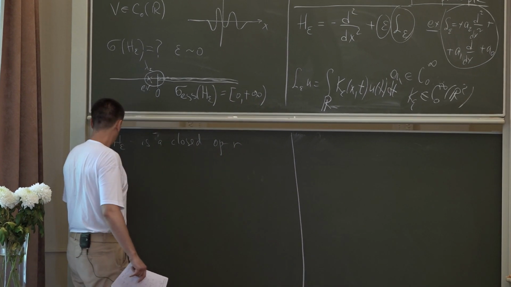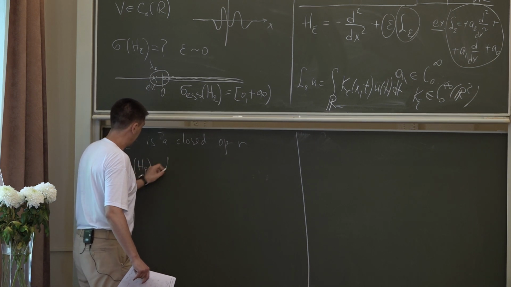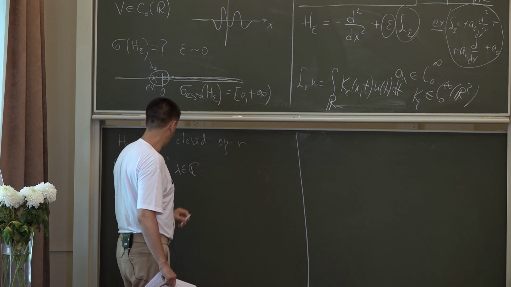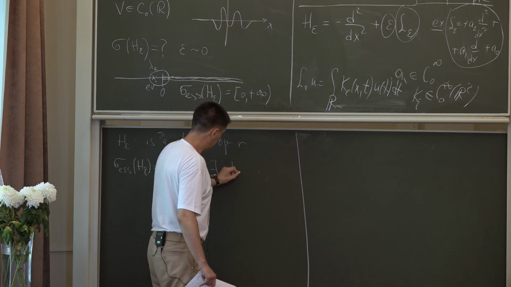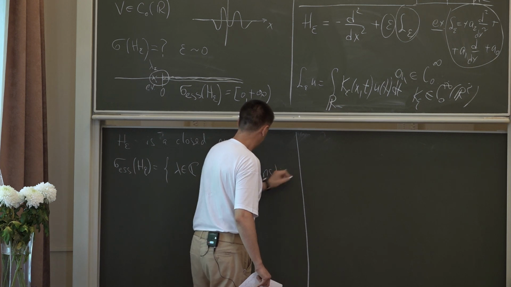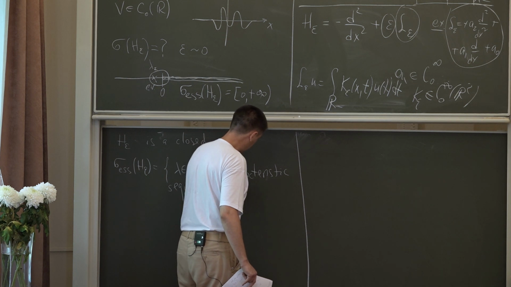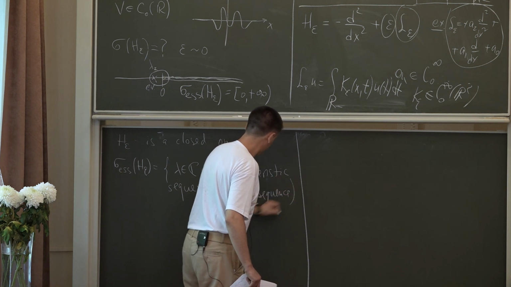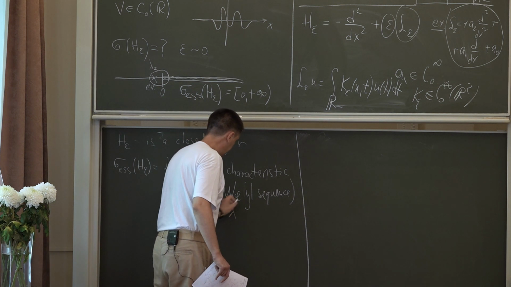And I shall also use the notion of the essential spectrum. The essential spectrum is the set of all complex numbers lambda such that there exists a characteristic sequence, or it can be called a Weyl sequence, for H epsilon at lambda.